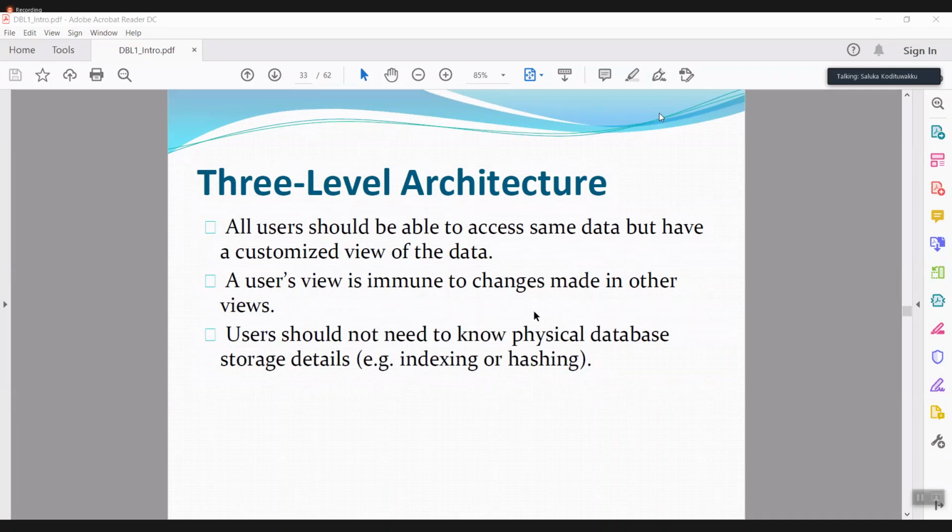An example we cited there is any program written in a high-level language with file processing capabilities, like a C program with file processing capability, Pascal, Java, or anything, doesn't matter.